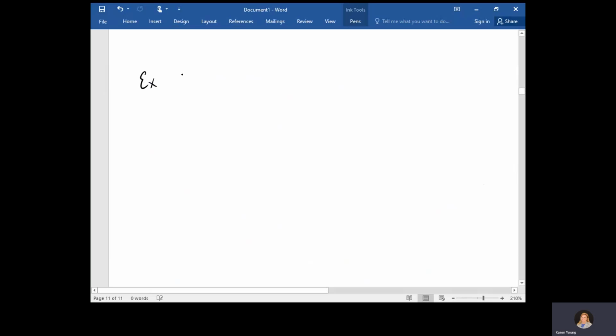So this time I'm given the points -1, 2 and 4, -2. So I'm given 2 points, and I'm told to write the equation of the line containing the 2 points. Again, they want it in standard form.